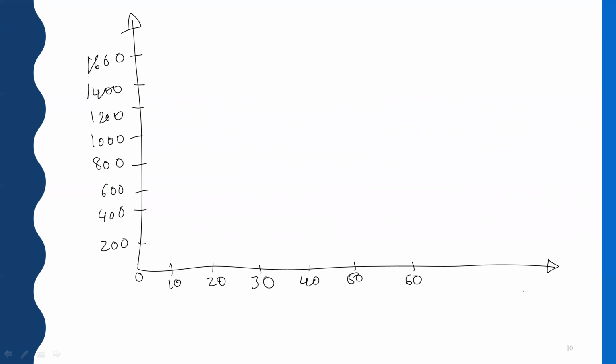This is amperes. My x-axis is current, field current. It is IF.